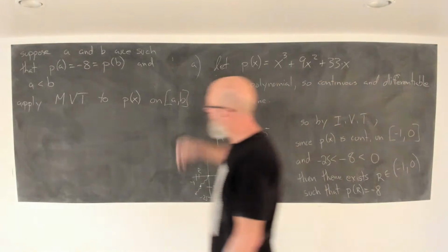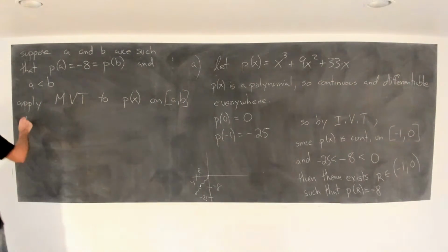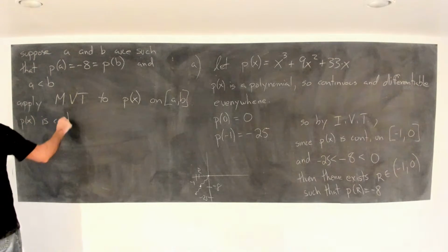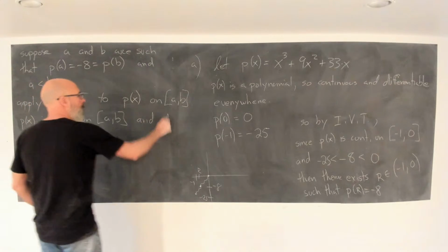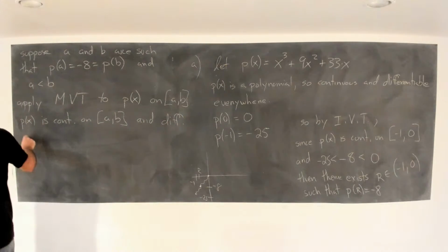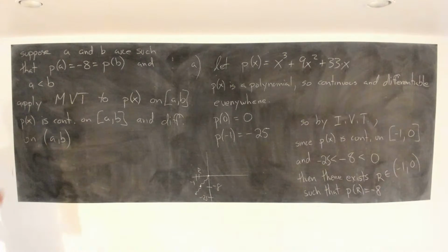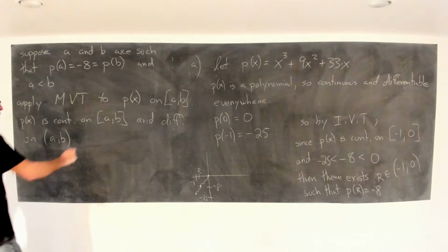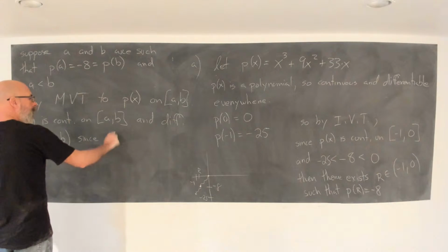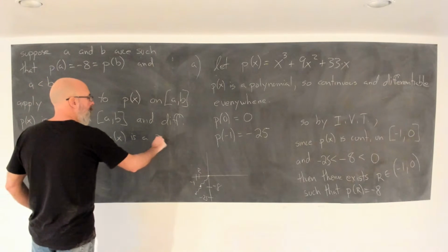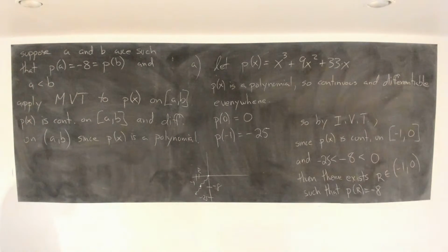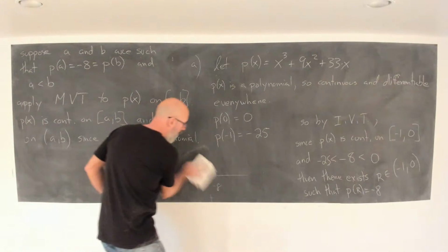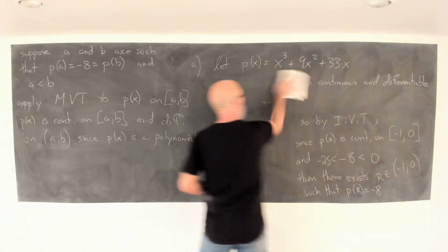P is continuous on the closed and bounded interval AB and differentiable on the open interval, since P of X is a polynomial. Thus, by the mean value theorem, what are the implications here?